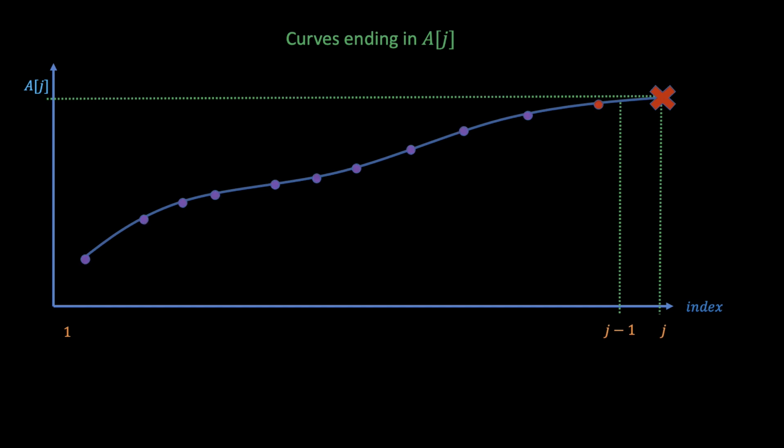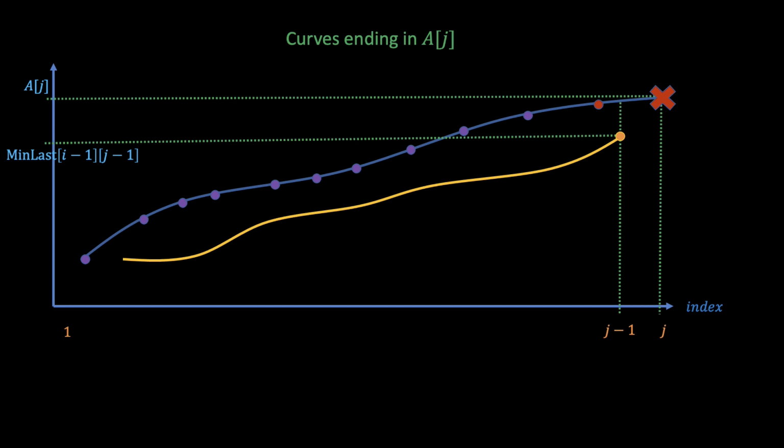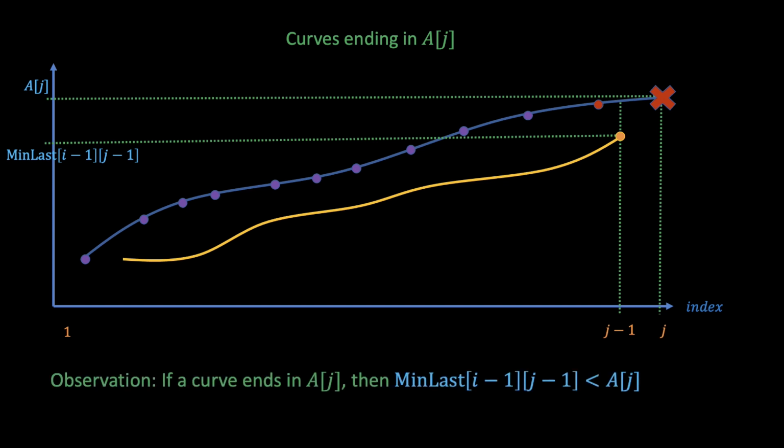But then recall that minimum last i-1,j-1 is the minimum endpoint across all subsequences in the first j-1 elements of length i-1. And so it must be that minimum last i-1,j-1 is less than aj. So we have the property that if a subsequence ends in aj, then it must be that minimum last i-1,j-1 is less than aj.